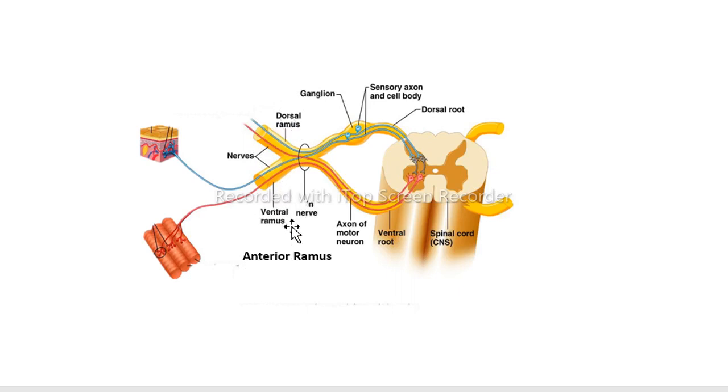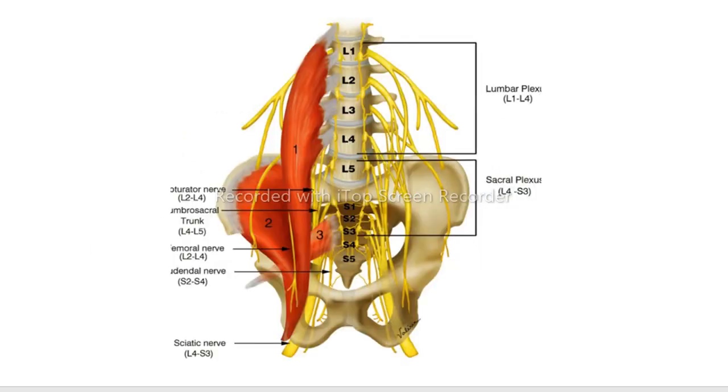The brachial plexus, lumbar plexus and sacral plexus are formed by the ventral rami. Here we can see the nerve arises, and the plexus is formed by the ventral ramus, and this ramus is divided into divisions, ventral division and dorsal division.